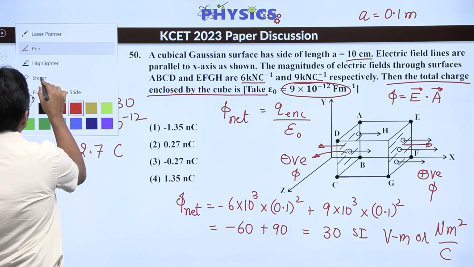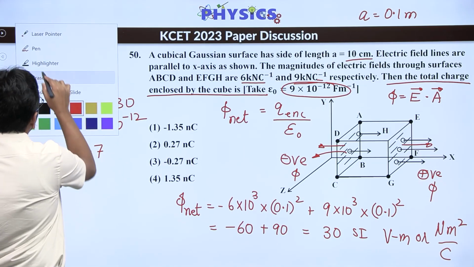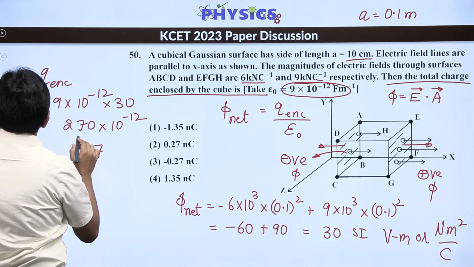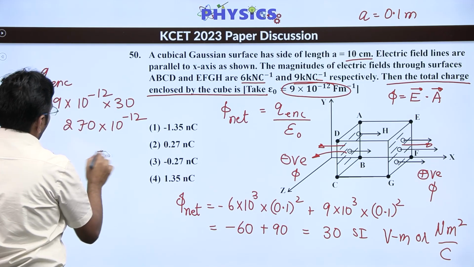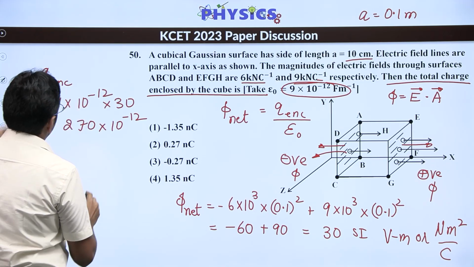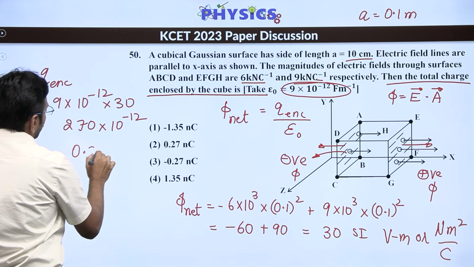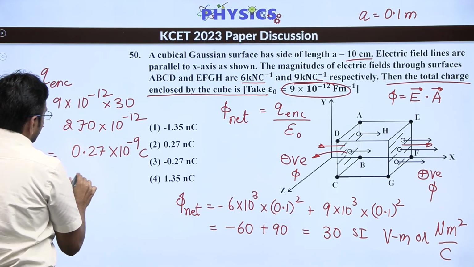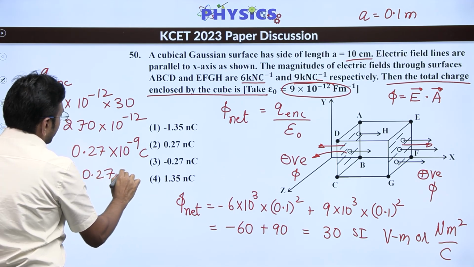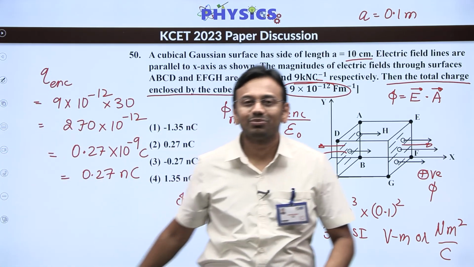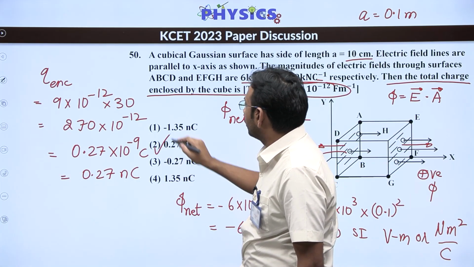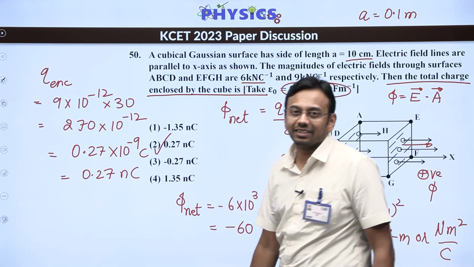So this will become 0.27 into 10 power minus 9 coulomb, which is 0.27 nano coulomb. Okay, so this is the final answer. Option 2 here matches, and that will be the correct answer.